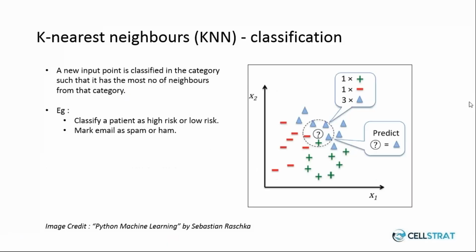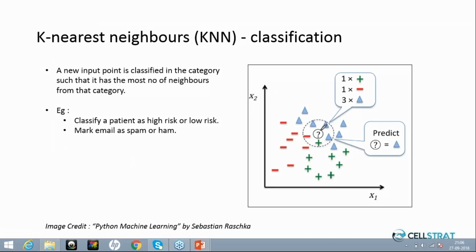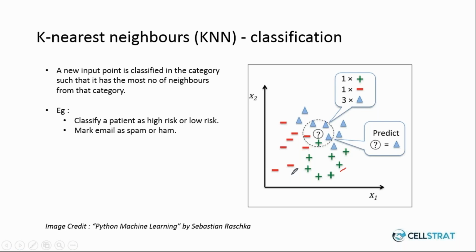Okay, so let's see this visual here. You can see I have a model which has three classes: the green plus signs, the red minus signs, and the blue triangles. This is a new sample which comes into my system, marked with a question mark. I don't know its class yet, but I check the nearest 5 points. The 5 is important. Here we have chosen k.